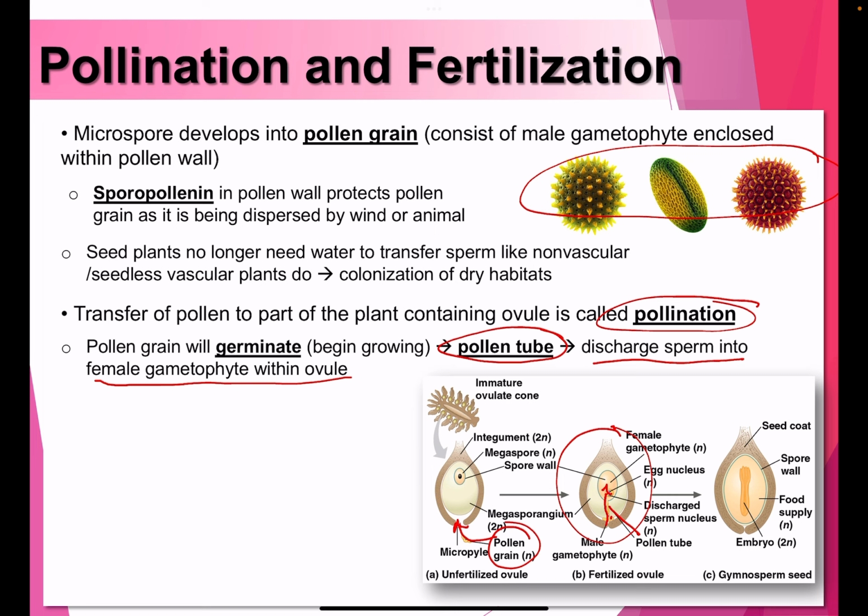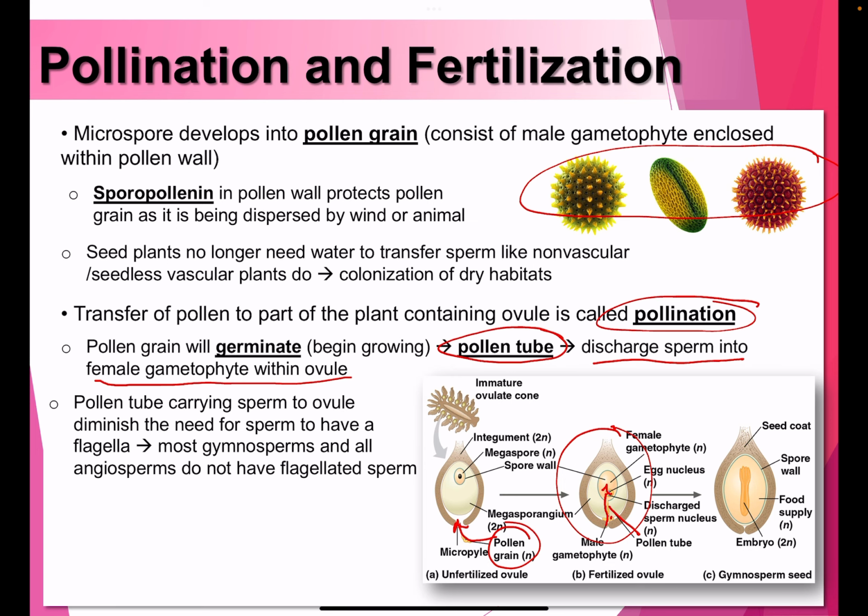Okay. Now, notice that there is no requirement for sperm to swim through water like we talked about before in the moss life cycle or the fern life cycle. It is the pollen tube that carries sperm to the ovule, which diminishes, or kind of weeds out, the need for some sperm to have a flagella. So actually, most gymnosperms and all angiosperms don't even have flagellated sperm anymore because you don't need it.